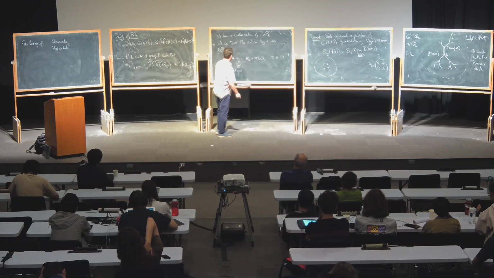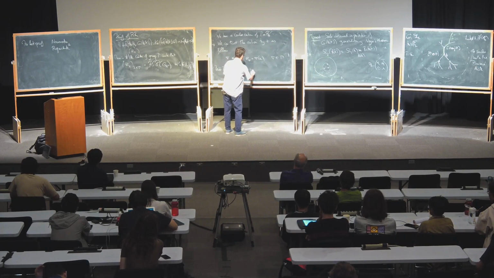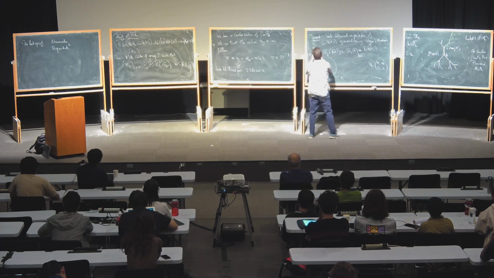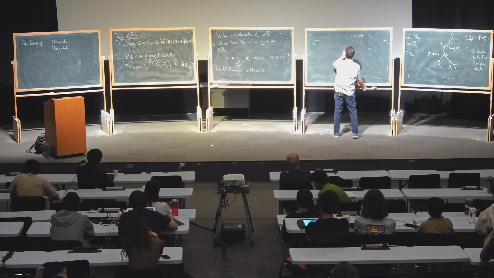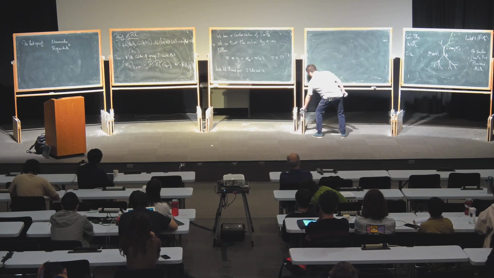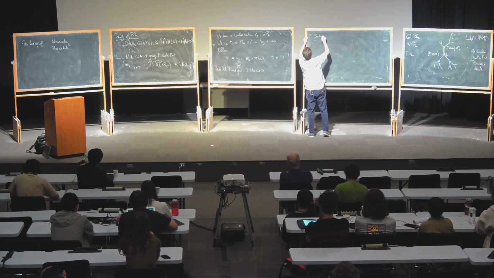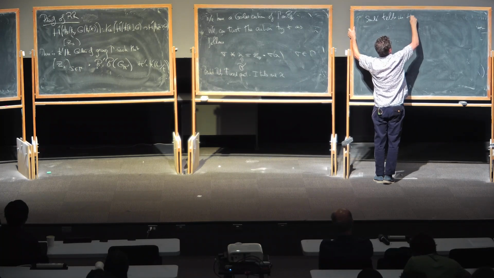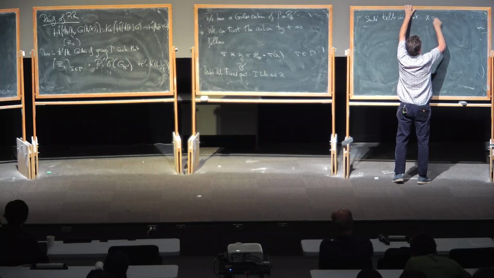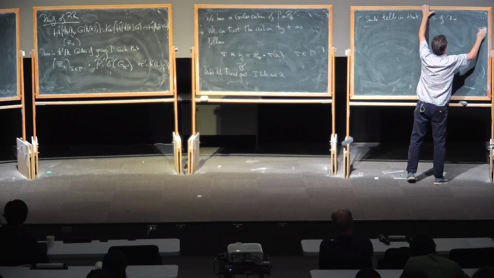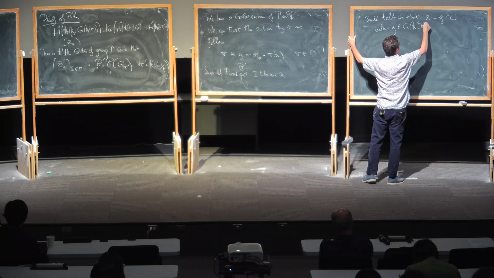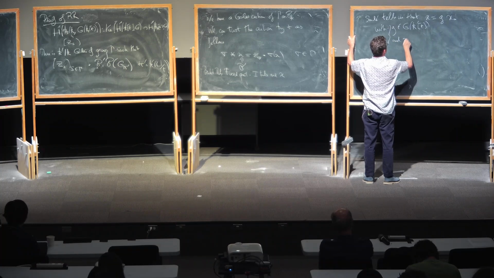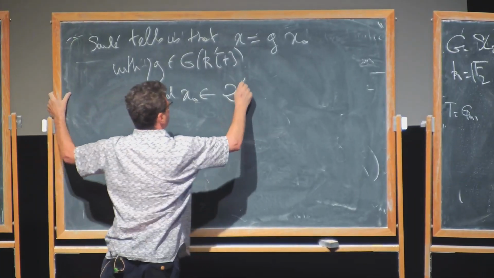Okay, and then I take one x. When you have a cocycle, the class is defined up to a coboundary, right? So what I can do is use Serre, and Serre tells us that x is g x0, with g in G(K prime((t))) and x0 in this cone.